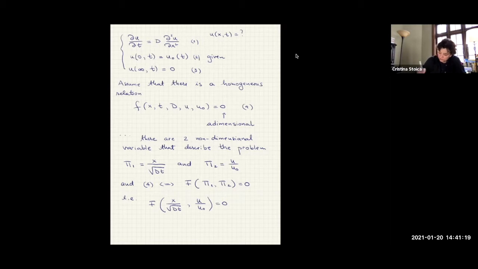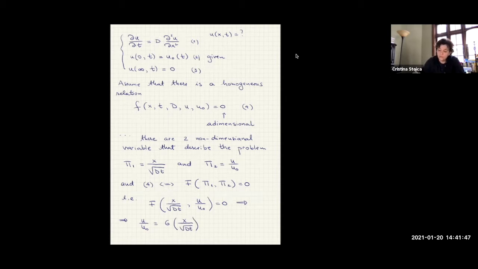All right. So from this relation, we can deduce that u over u naught is some function of x over root Dt. Okay, so I'm going to stop here just to make sure that you understand what is going on.